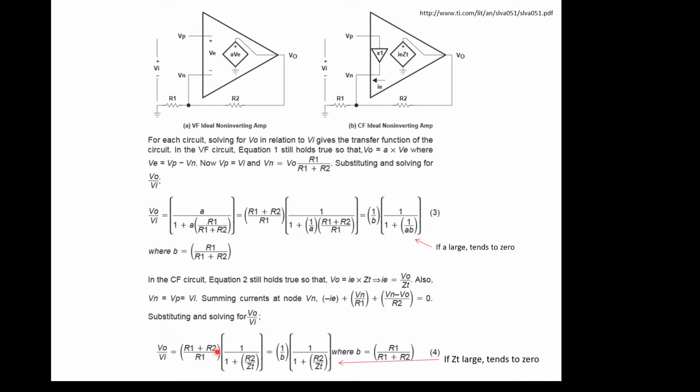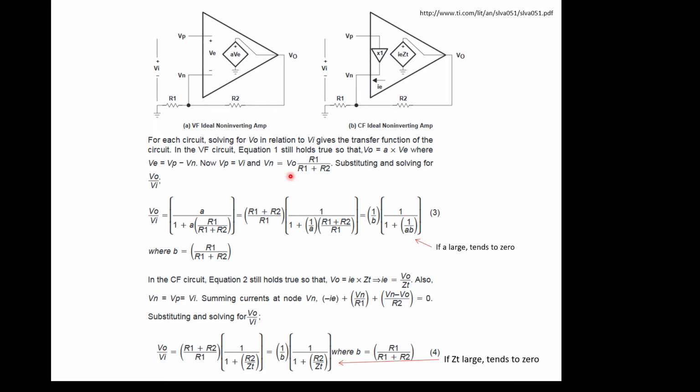So I've taken this from a data sheet. If people are interested in understanding this in a bit more detail, this is actually quite a good source to look at. So TI, Texas Instruments, this web link here will get you to an analysis. But basically, they look like very similar circuits. We've still got two resistors in this configuration here.